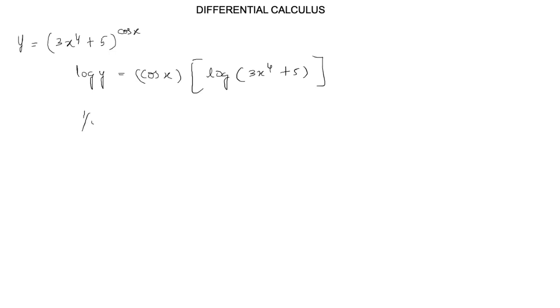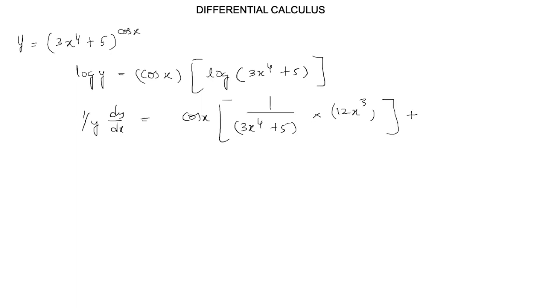And differentiating with respect to x, we get 1 by y dy by dx, which is equal to cos of x, and this will be 1 by 3x to the power of 4 plus 5, multiplied into this will be 12x cube, right?